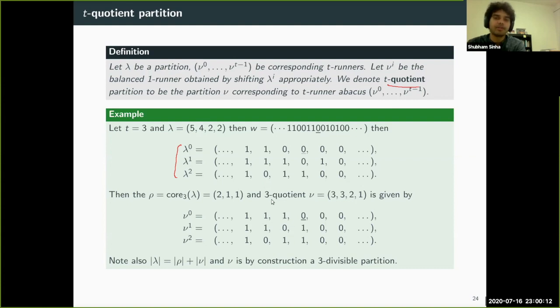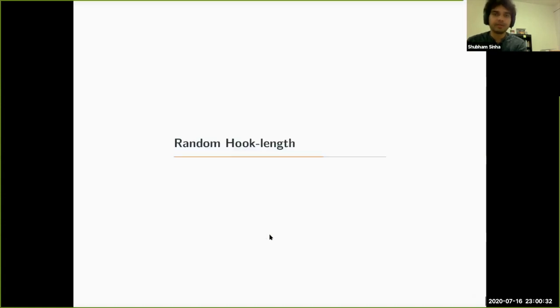Then you read off this partition, and you can show that the final partition is actually a T-divisible partition. The reason is that since all of the rows are justified, when you push all the ones, you get the empty partition. And it satisfies all the properties of partition division.